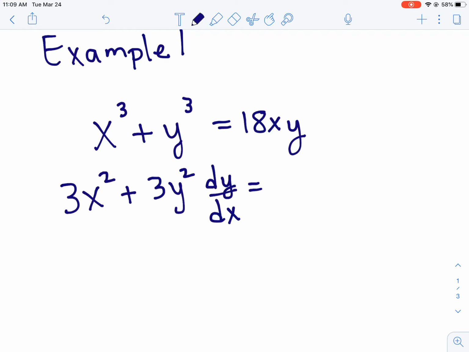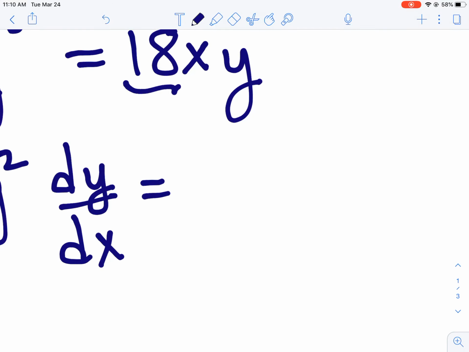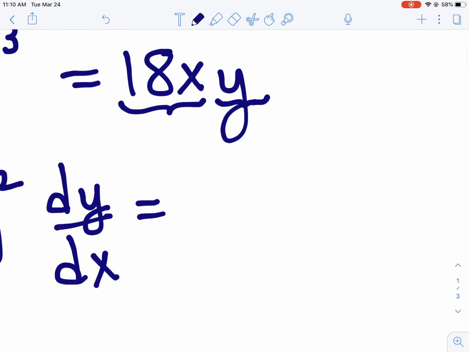All right, so now on the right side, this 18xy is really a product. I'm going to call this 18x, and then the second one is going to be y. So we're going to do the first, which is 18x, times the derivative of the second.